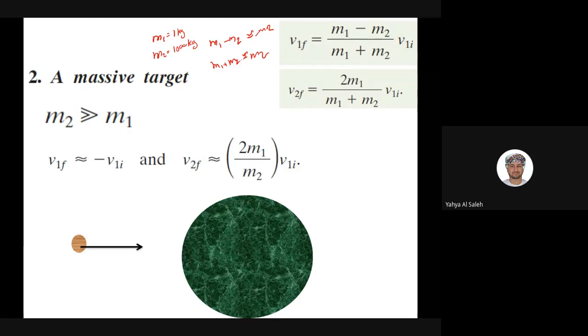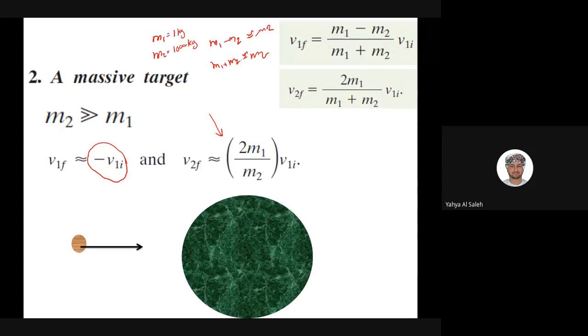So my small object is going to go in reverse at negative the speed it came at, approximately. And the big thing will go forward at this rate. So if we're talking 1 kilogram and 1,000 kilograms, you would end up at a velocity of 2 divided by 1,000.